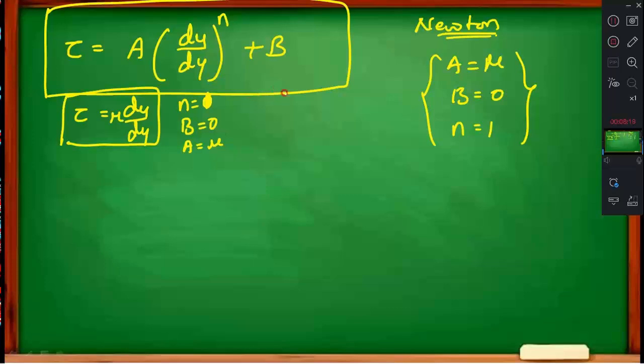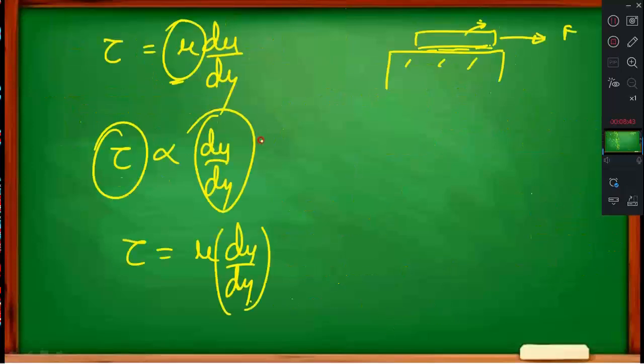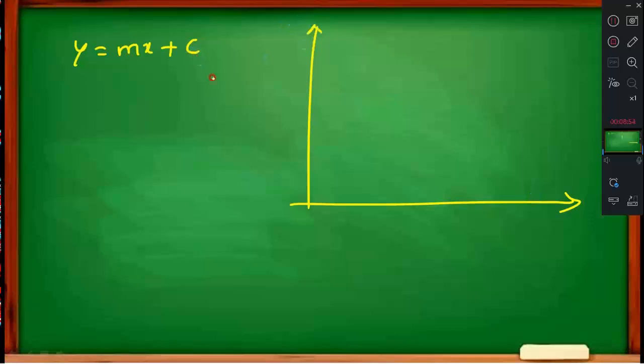Or you can write it like this: A and B are constants, and n is the power of the gradient. What does power of the gradient mean? You should know a little maths, and you should apply everything in every subject. Y equal to mx plus c. C is the y-intercept.